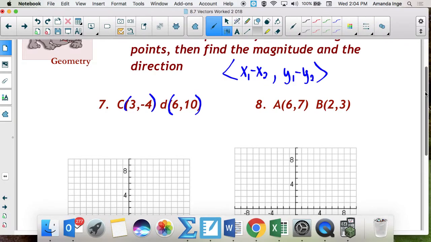So if we label this x1, y1, x sub 2, y sub 2, the order that we do this in is important, y'all, because it has to be the initial or the beginning point first and the ending point second. So we're going to say 3 minus 6 and negative 4 minus 10. So we get negative 3 and negative 14.